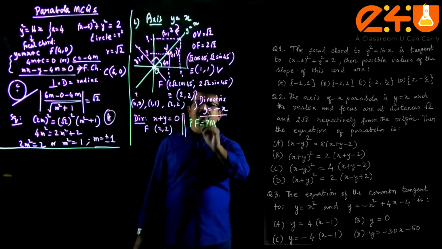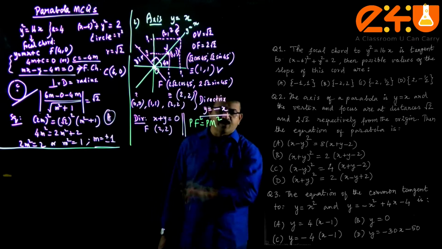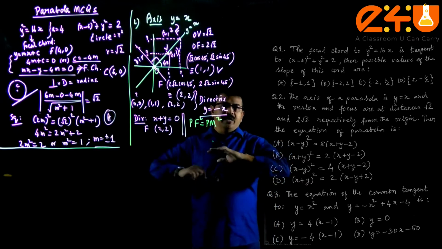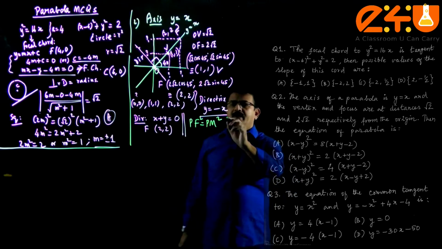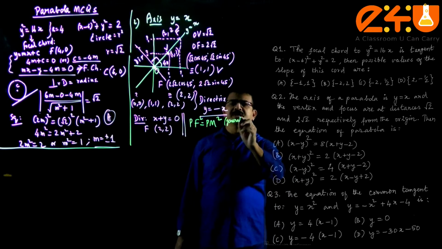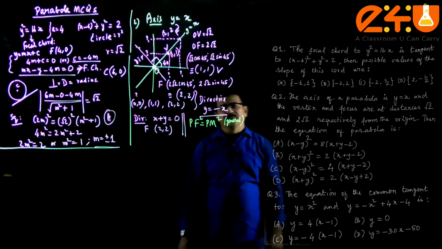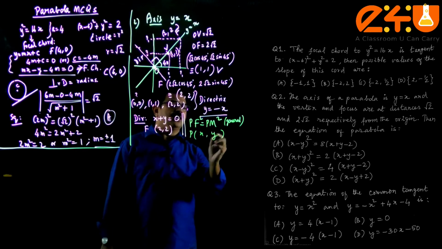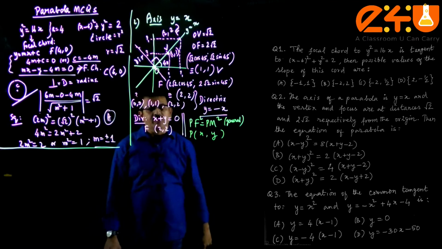So I told you the equation PF squared equal to PM squared itself will give the equation of parabola, which is not the basic type. This is the most general type of parabola. Well, what is P here? Any point on the parabola having coordinates x comma y.